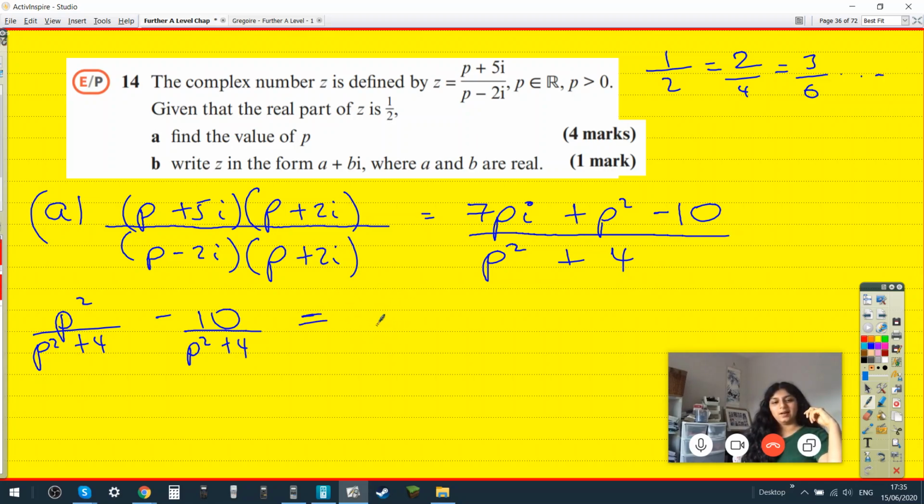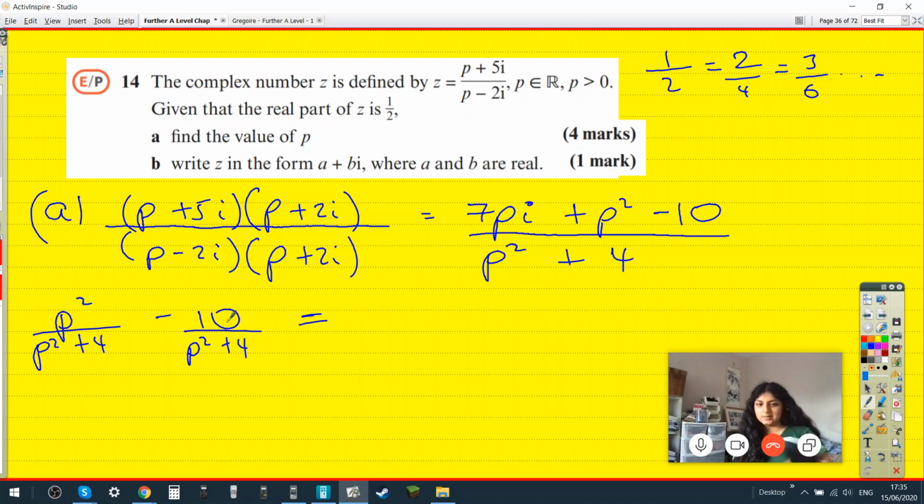Yeah, I know what it's equal to. It's equal to something times a half. Why is it equal to something times a half? Because it says the real part is a half, but it could be like another one, like 2 over 4 or 3 over 6. This is the real part.